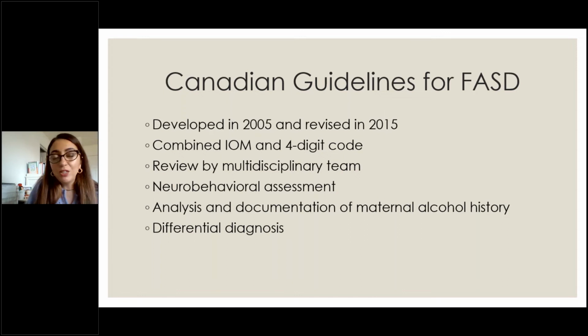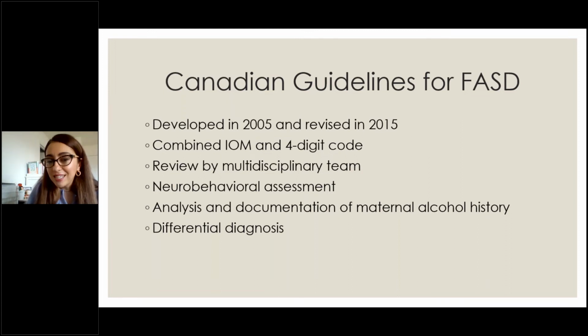So what should we do for those children? Because that is one criterion that is prevalent and needs to be there across all diagnostic systems. Without that, we can't really get started. And then the last part that I really like this one for is differential diagnosis. And I plan to talk about that today because FAS.